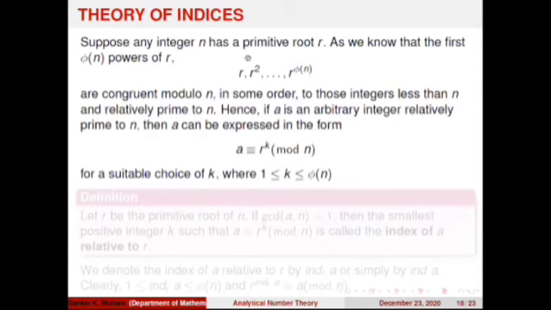Suppose any integer n has a primitive root r. As we know, the first phi of n powers of r, which are r, r square, and so on up to r to the power phi of n, these are all congruent modulo n. Okay, so these first phi of n powers of r are incongruent to each other under modulo n, but their orders may be different or may be the same.